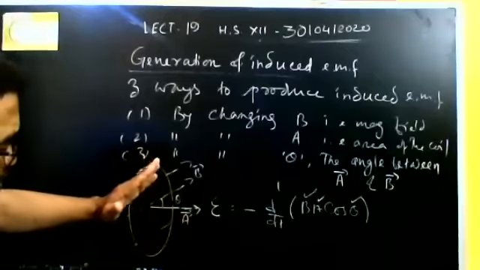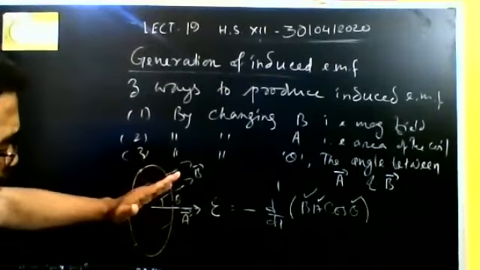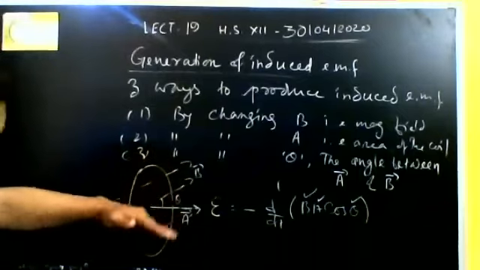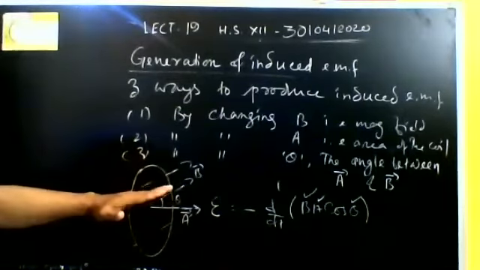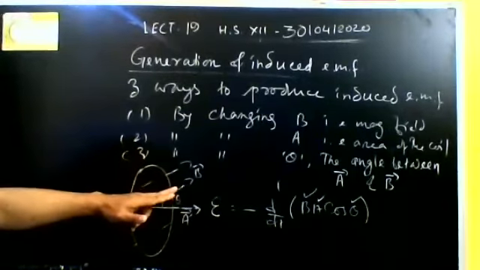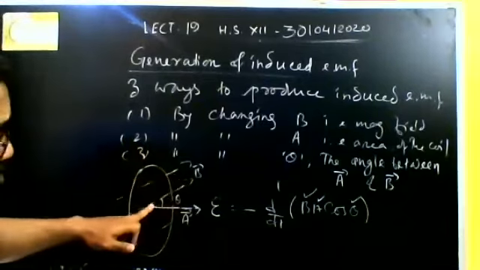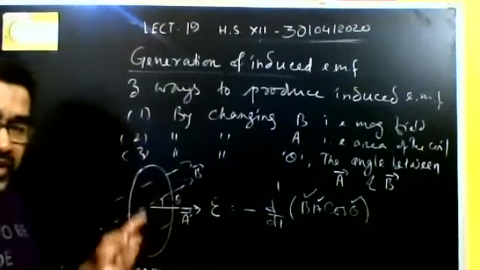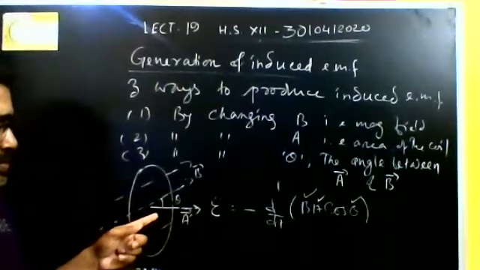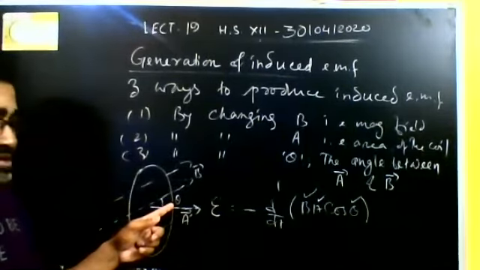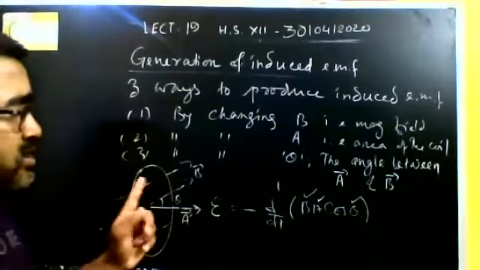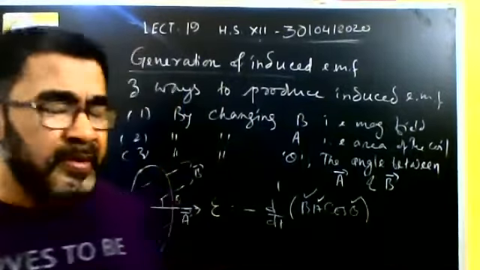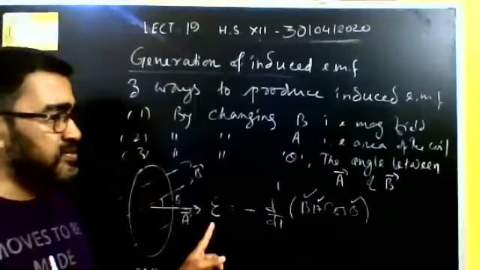This is the direction of magnetic lines of force. When we change the orientation, either by rotating the magnetic field or by rotating the coil, then theta will change. By changing the orientation of A and B, that is theta, we can have induced EMF.